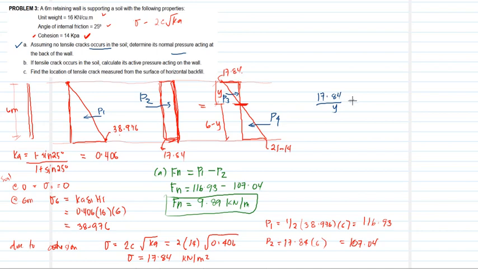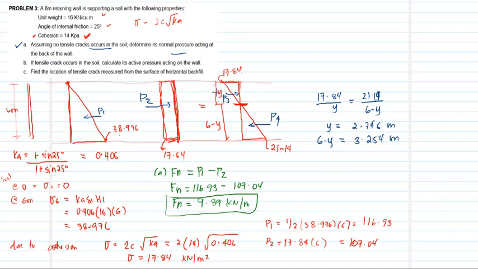Similar triangle tayo, that is equal to 21.14 is to 6 minus y. So, masosolve natin yung value ng y natin, which is equal to 2.746. Kindly check if my calculation is correct. And then, yung 6 minus y natin is equal to 3.254 meter. So, yan yung mga values ng dimension natin.